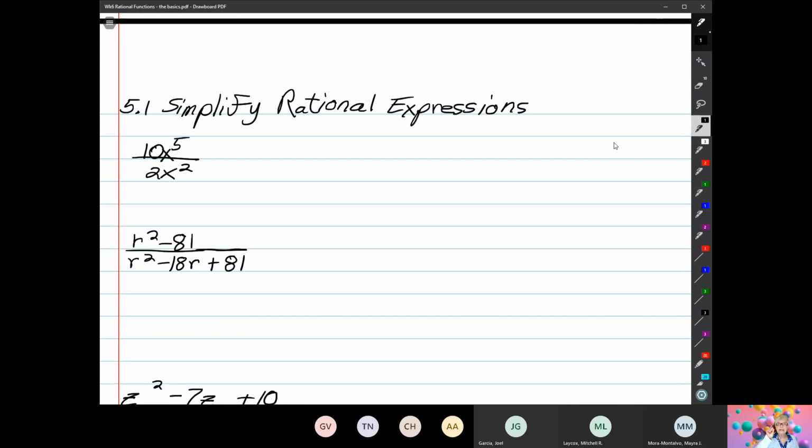Okay, now we're going to simplify rational expressions. Oh my gosh, what do you mean? Well, the book calls it simplifying rational expressions with a factor of 1.